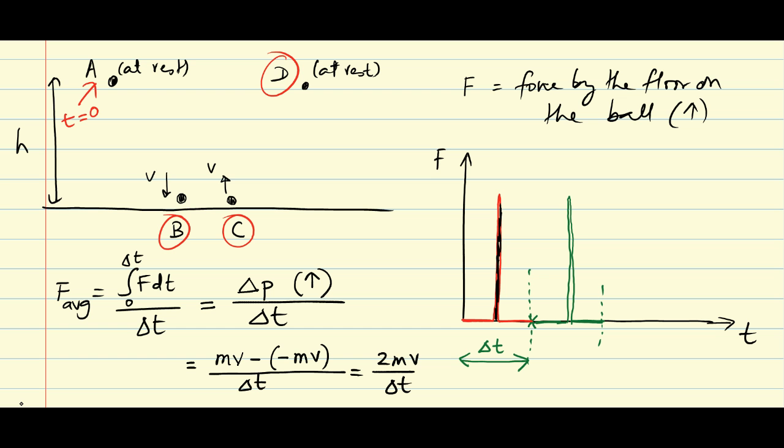And you can use your knowledge of kinematics to find what is delta t. It's quite easy actually. When the ball comes down, it rebounds and it goes up, and then it comes down again.